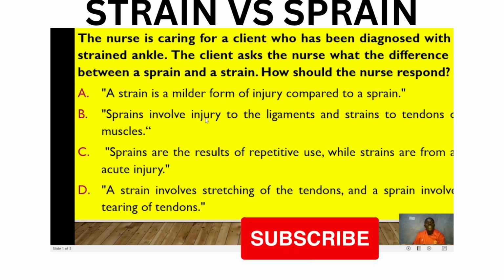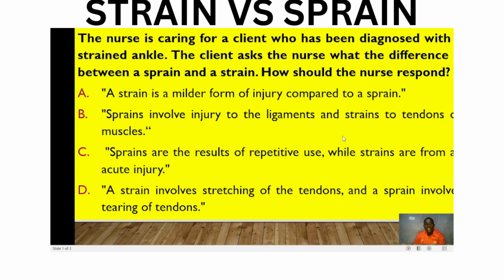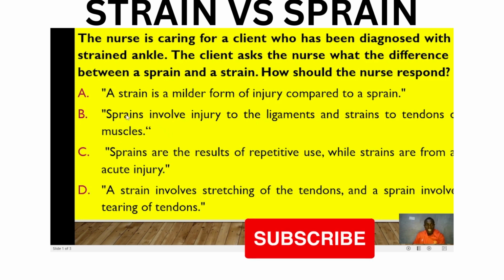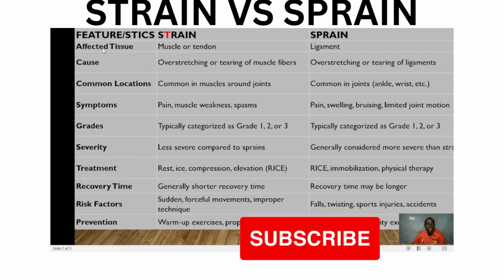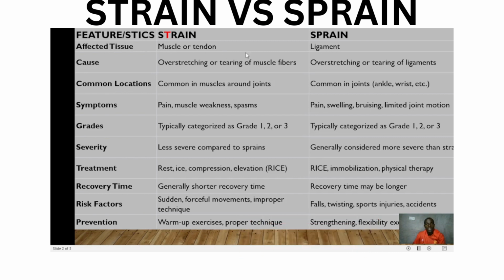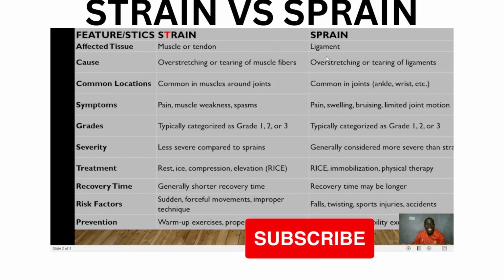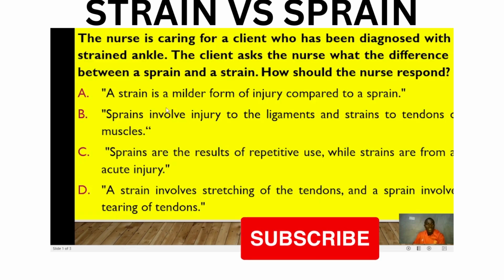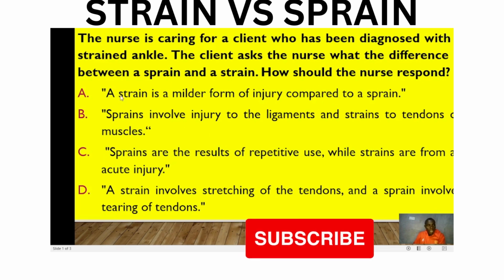Sprains involve injury to the ligaments, while strains to the tendons or muscles. Yes, this is what we said in terms of affected tissue, muscle or tendon or ligament. The other one we are talking in terms of severity. We are saying that strains are less severe compared to sprains. So we have A and B kept for consideration.